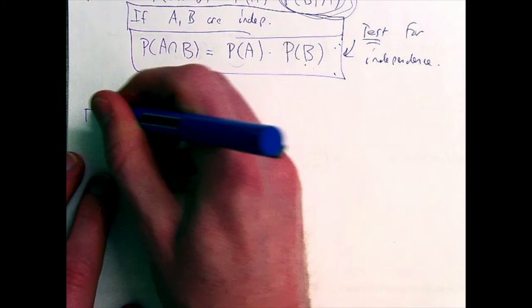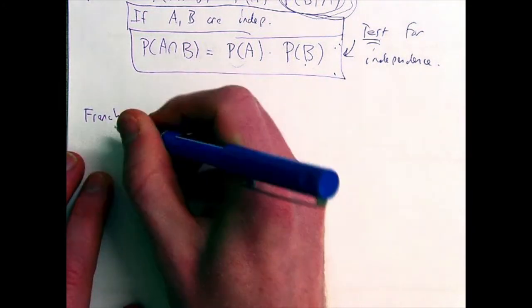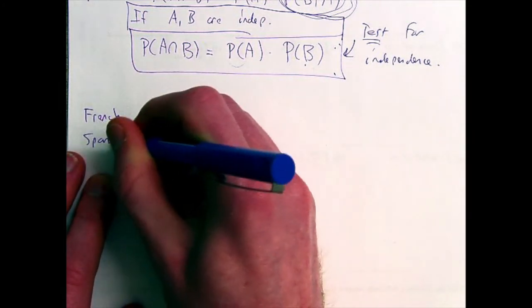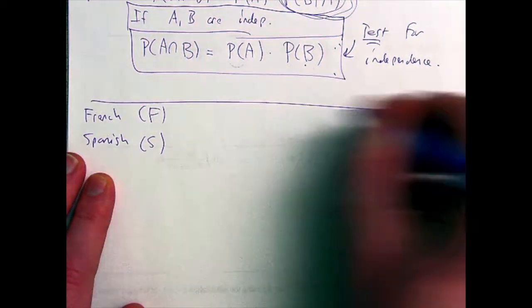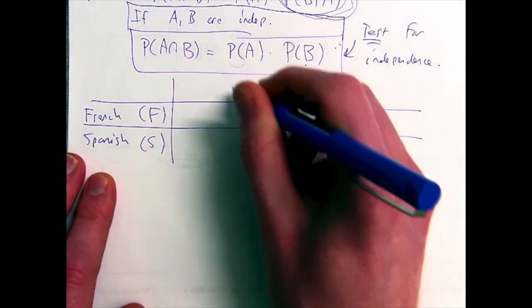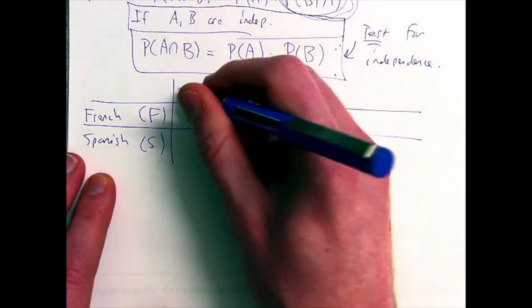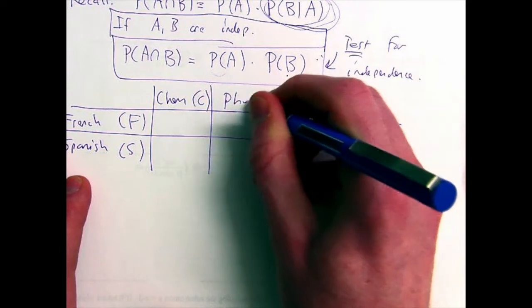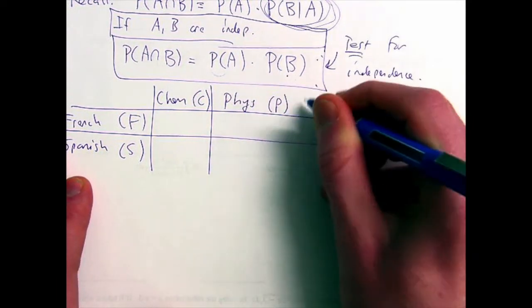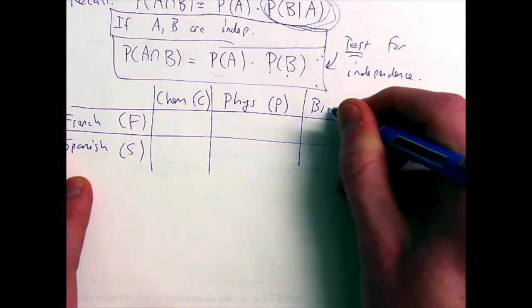So I'm going to have some rows, French and Spanish. I'm going to represent French with F and Spanish with S. And then I'm going to have some columns for the sciences. So let's say chemistry, C, physics, P, and biology, B.